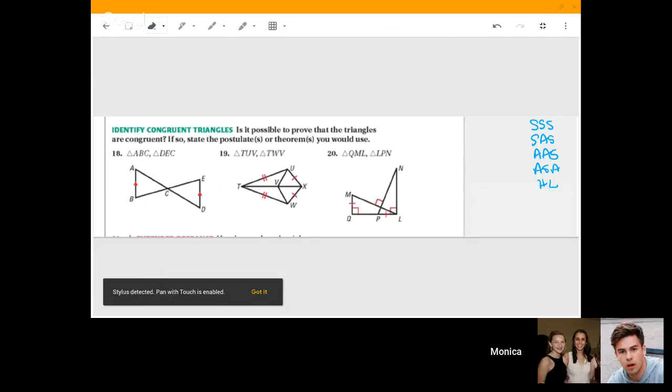Or what does it state? Okay, and then side angle side has to be the angle that's included between the two sides, right?